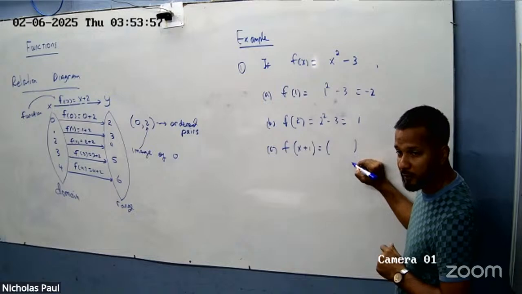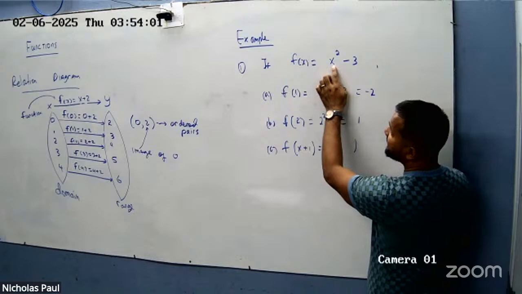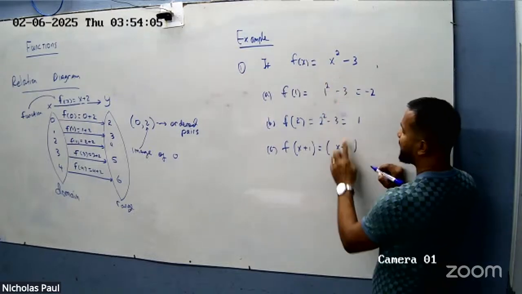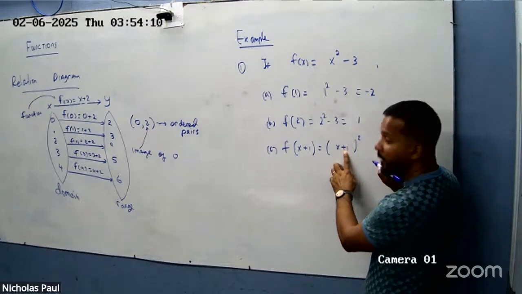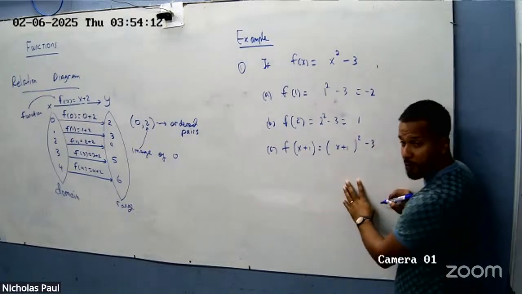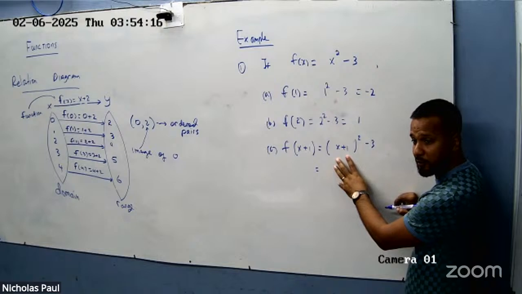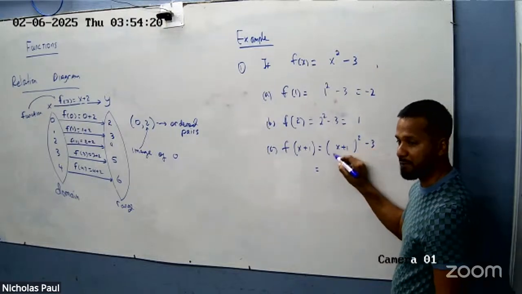Replace x with x plus 1. So replace this x with x plus 1 and you'll get x plus 1 squared minus 3. When you reach here, you have to multiply it out. You'll remember how to expand this. Expand this somewhat quickly: x plus 1 squared.